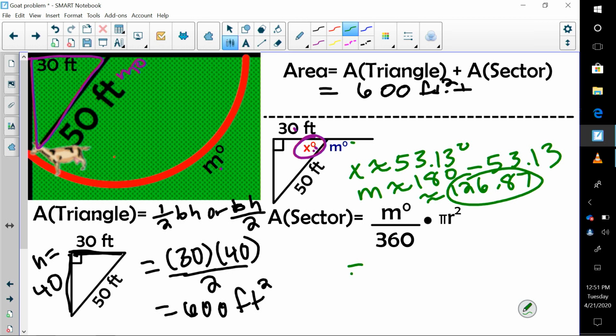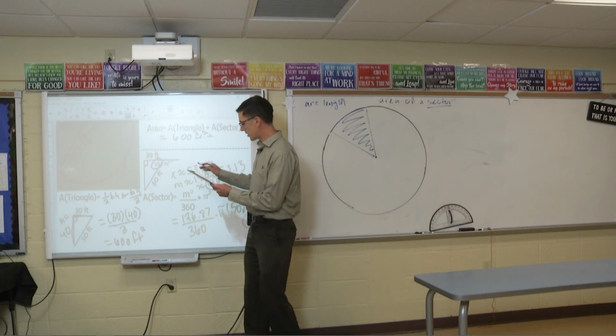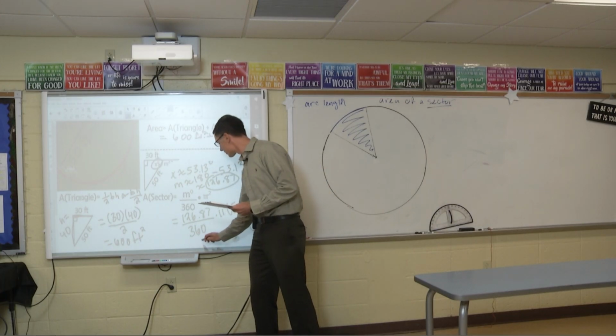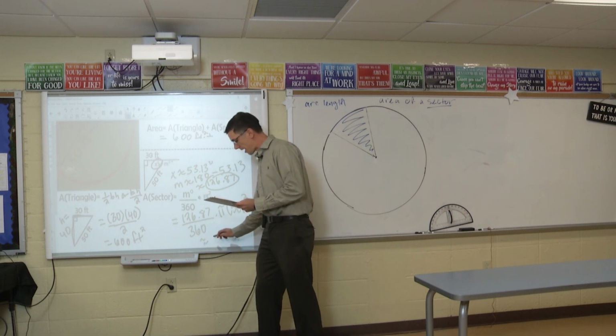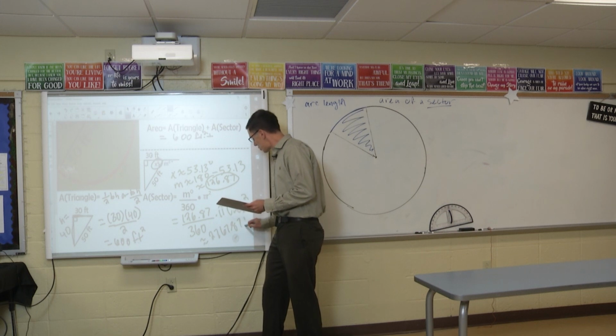So for our area of sector, we're going to have 126.87 over 360 times pi times 50 squared. So we're going to punch that in our calculator: 126.87 divided by 360 times pi times 50 squared. As a result, the area of the sector is approximately 2,767.87 square feet.